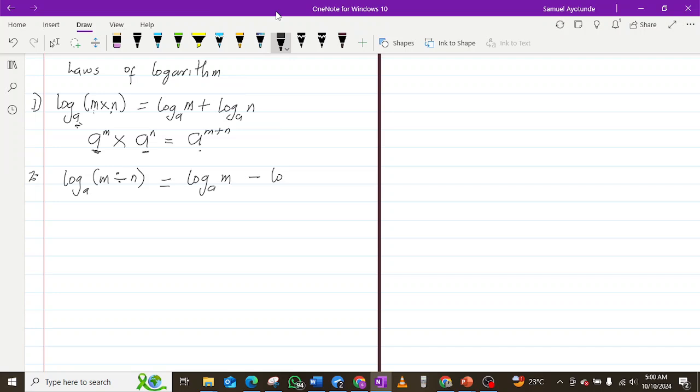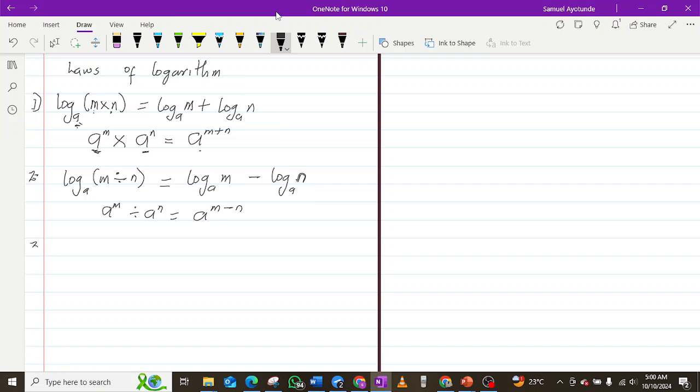So we write the log and its base. The base will be the same on both sides, while they are subtracted. And this law is similar to the law of indices. We say that a raised to power m divided by a raised to power n is equal to a to the power of m minus n.